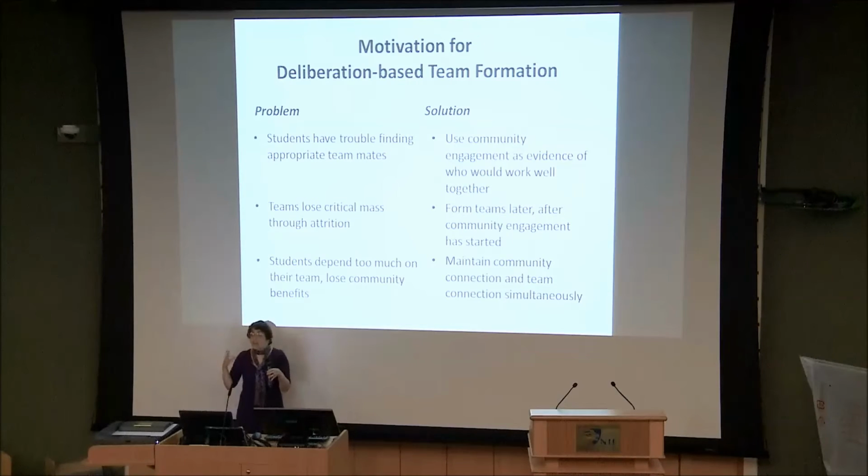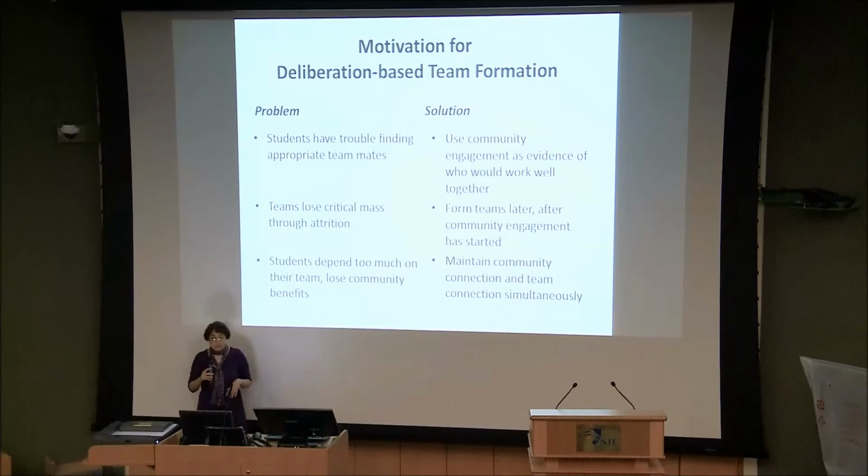We also saw that the teams would lose critical mass from having started too soon in the course when dropout is at its peak, at the very beginning when people are shopping around. And if we give them the opportunity to have some intensive whole class engagement first, it also serves the purpose of delaying the time when students have to make a commitment to a team.